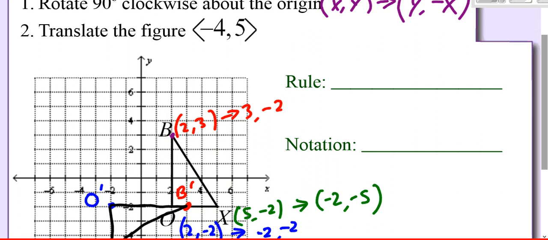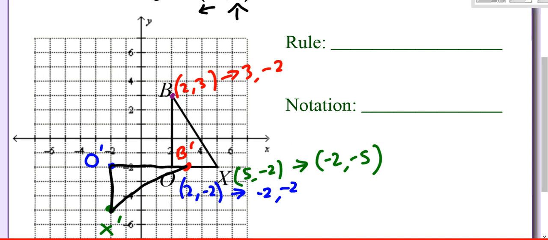Then the second step says now we're going to translate the figure -4, 5, which means 4 left and up 5. So for each point, count it out. 4 left, up 5.